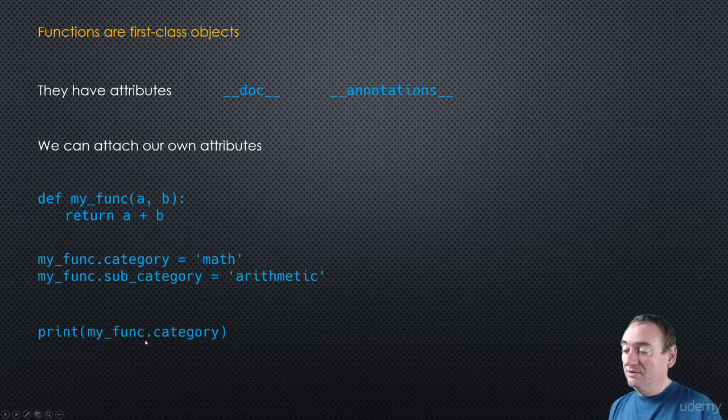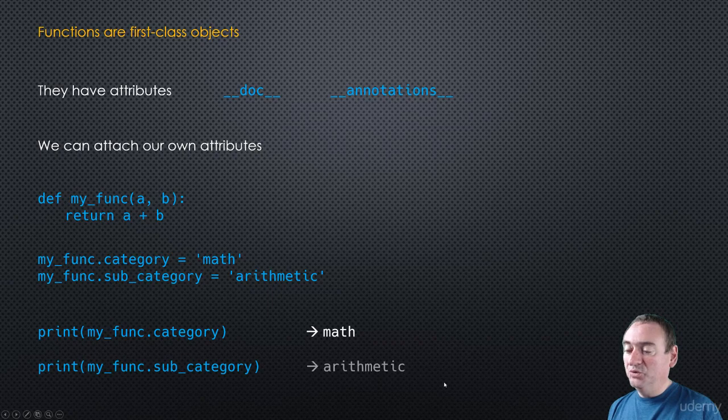We can then get that value back by just using myfunc.category, and that's going to return whatever's stored in there, in this case math. If we print that, we'll print math, and for subcategory, arithmetic. So functions are first-class objects. They have attributes, properties and methods.